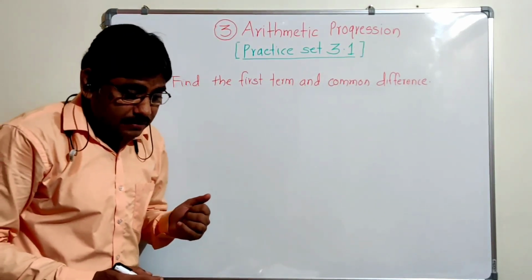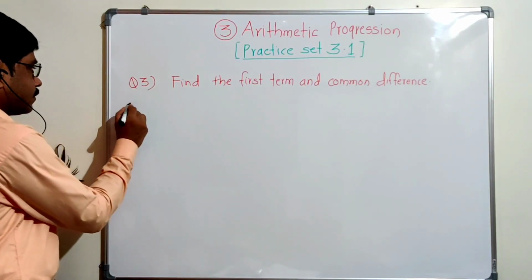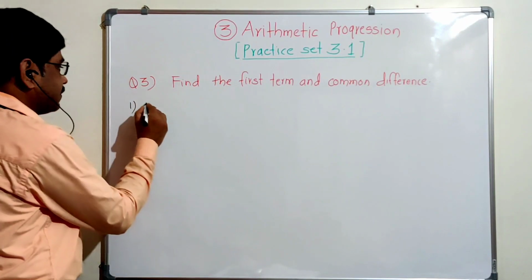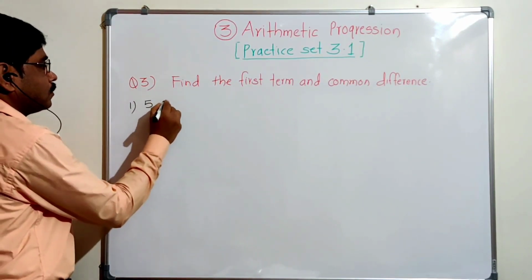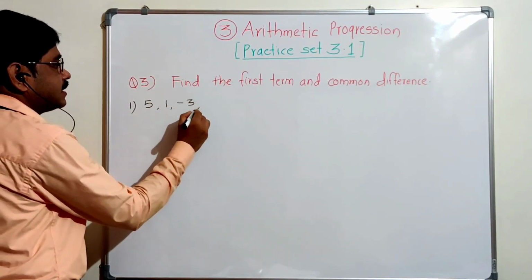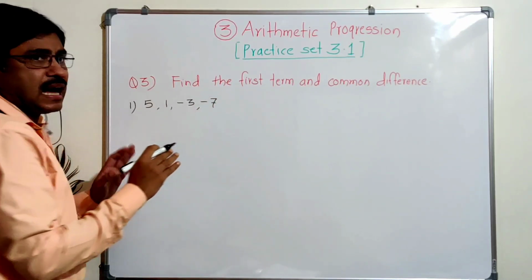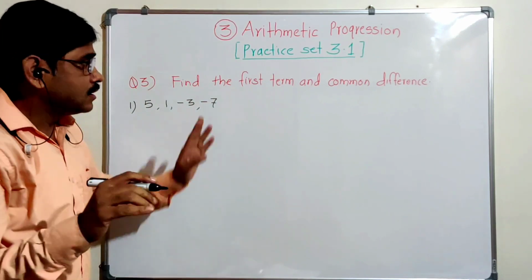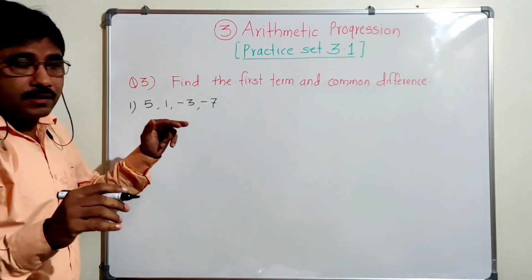If we take the first example, the first example is 5, 1, minus 3, 7. Now these are APs. AP means no need to confirm the difference because these are AP.